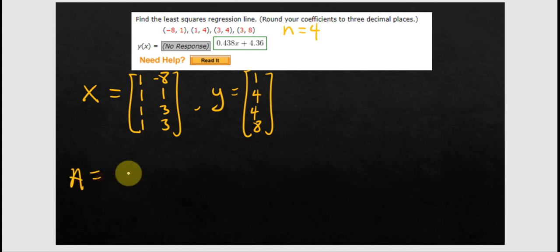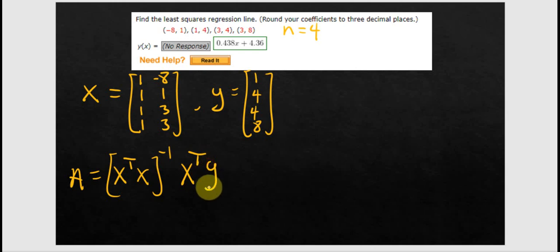So here A is equal to, so this is X transpose times X, and this is the inverse of all that, and this is then times X transpose times Y. So I'm going to key this information into my graphing calculator directly. That's all I've done. Now, X transpose just takes this 4 by 2 and makes it a 2 by 4.